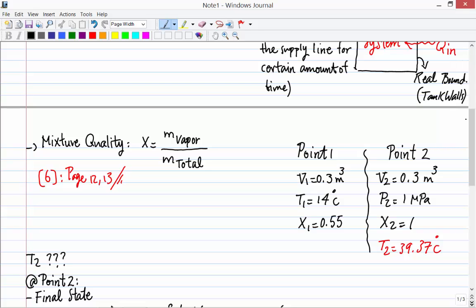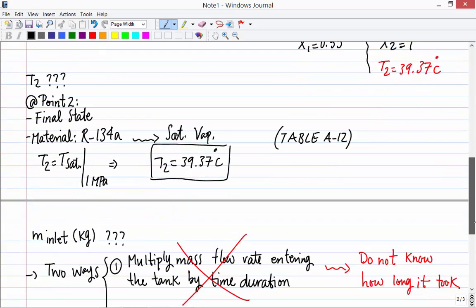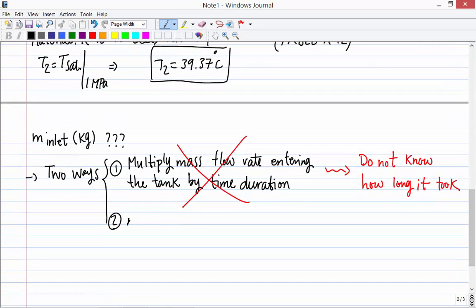If I am able to solve for the initial and final masses, how much mass is in the tank before I open the valve and how much is in the tank after I close the valve, then if I subtract these two, I can solve for how much mass entered the tank, right? It's simple. So I can define m inlet equals the final mass minus the initial mass, right? And forget totally about the flow rate and m dot per time.